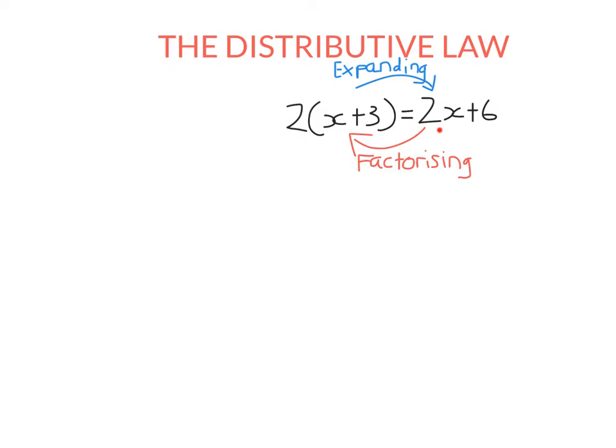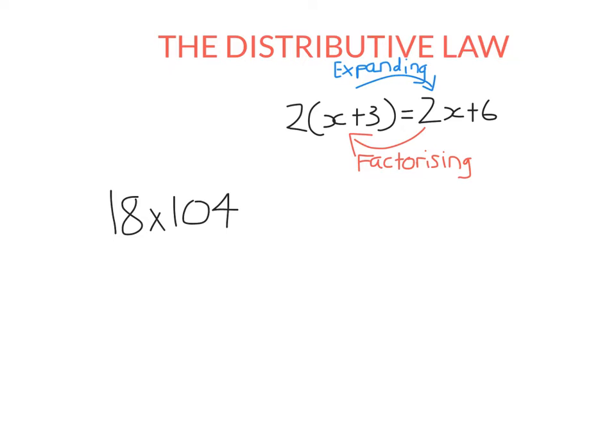So how did I get this answer from this? Well, that is obtained using the distributive law. You've probably used the distributive law many times in mental calculations without even knowing it. Let's say I had to calculate something like 18 times 104, without a calculator.